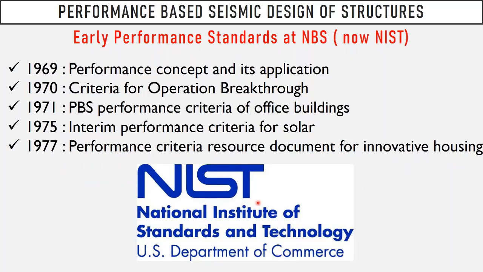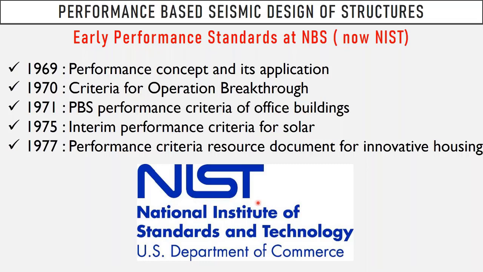Starting from the 1970s, several approaches or standards were introduced in main countries like the US, and they provided performance criteria documents for different types of buildings and facilities. But of course, these were very limited.